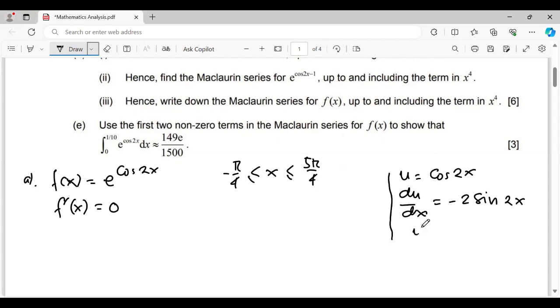If y equals e power u, where cosine 2x is u, then dy/du equals e power u.